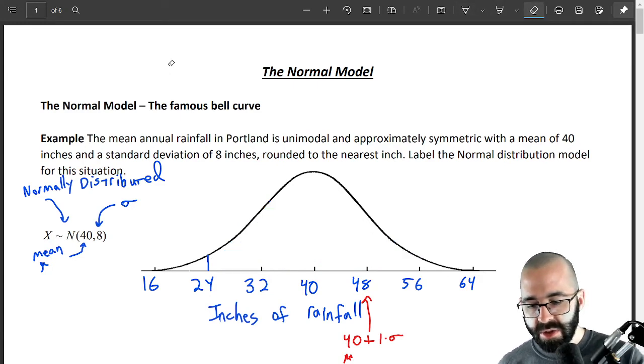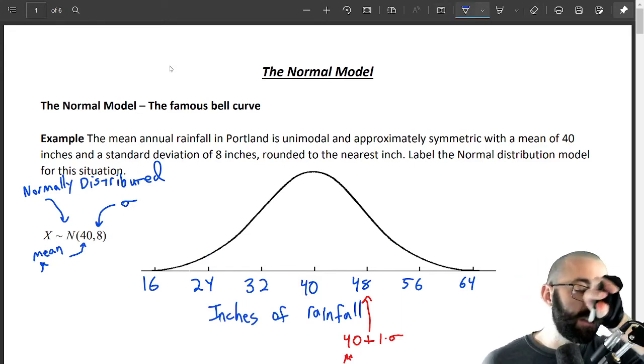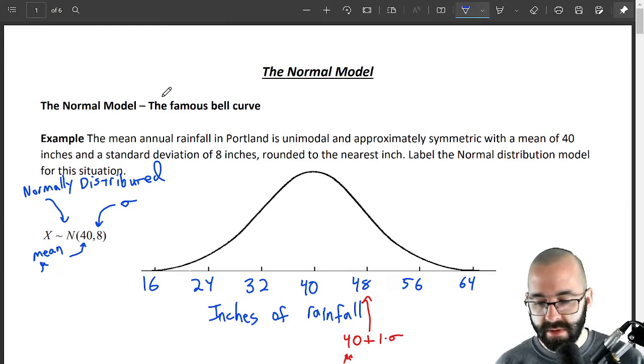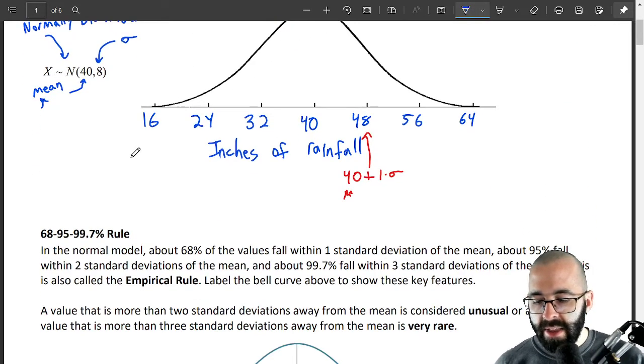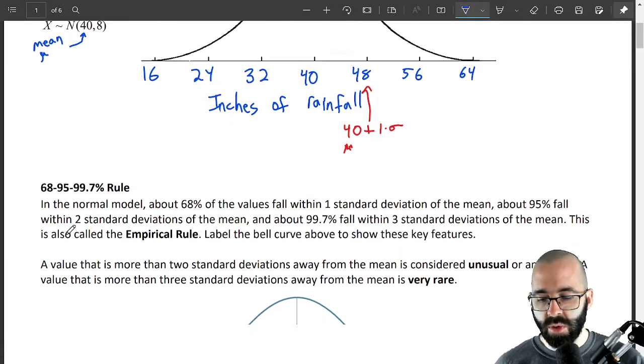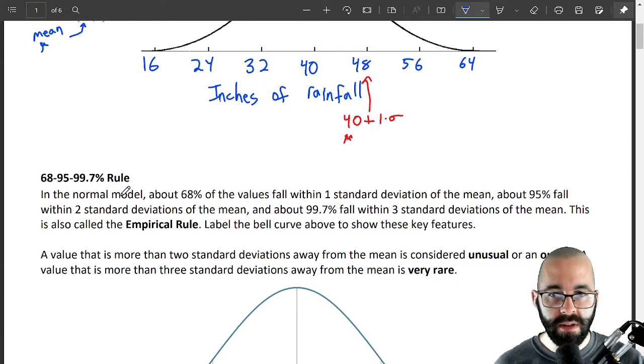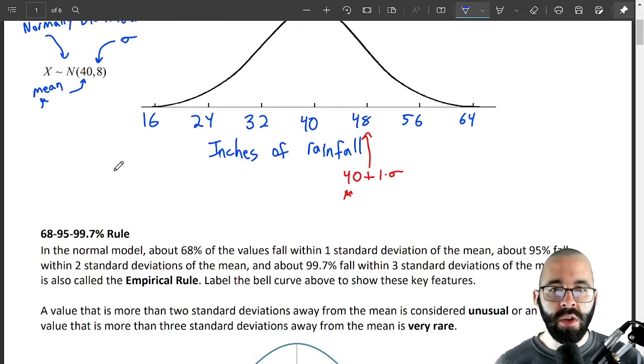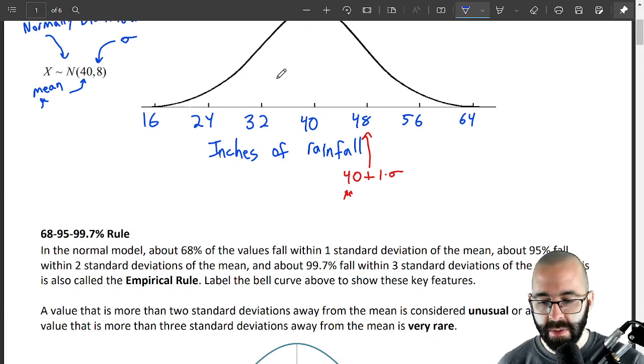We've conceptually thought about what a standard deviation looks like for a normal distribution. And that really does bring us into this next rule. It's called the empirical rule. And this says that in a normal model, so think about this graph that we filled in, about 68% of the values fall within 1 standard deviation of the mean.